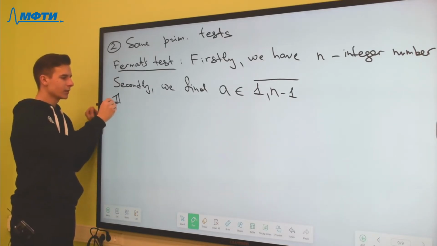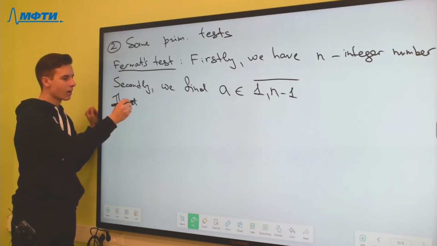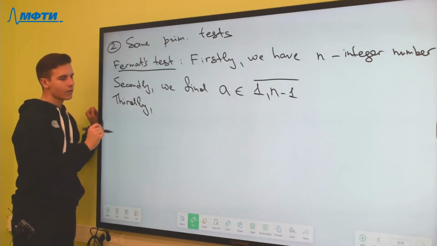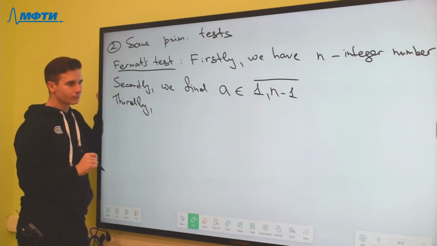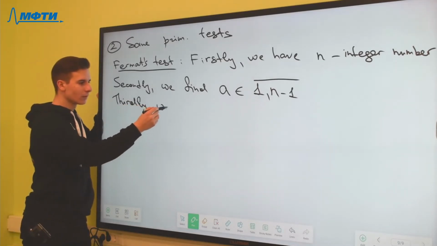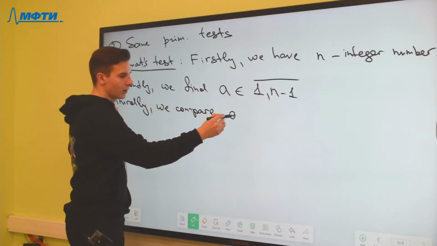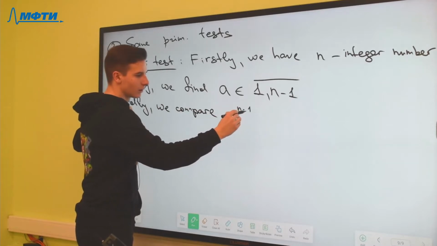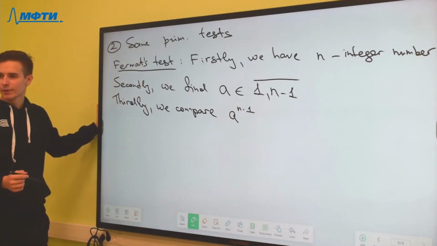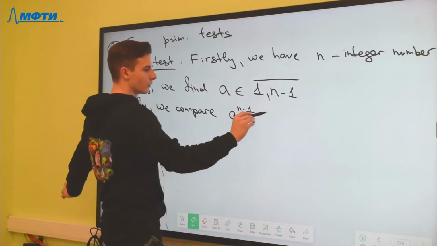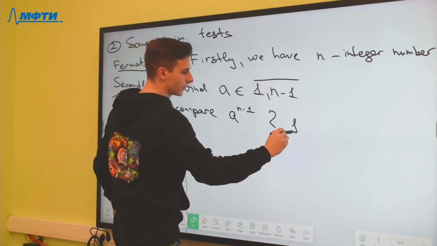And thirdly, we compare a to the power n-1 and 1.